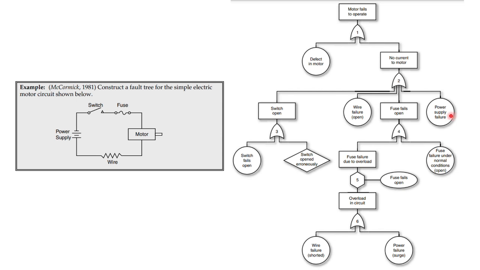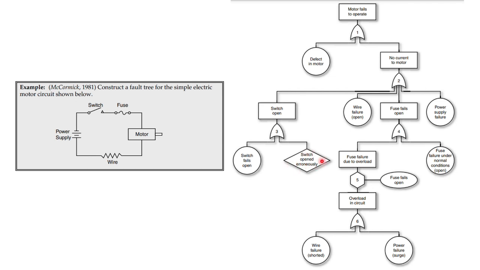So we have two rectangle symbols here. So we have sub trees for it. We have the switch open OR gate as well: switch fails to open, or maybe the switch opens erroneously.